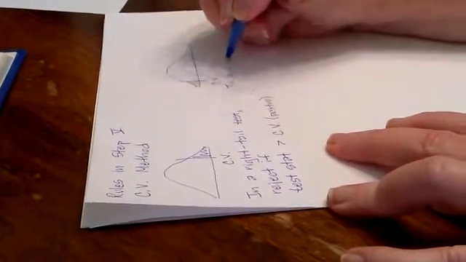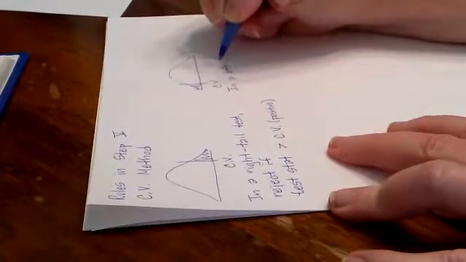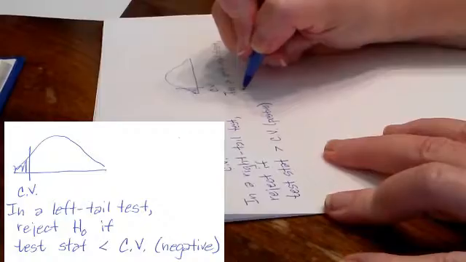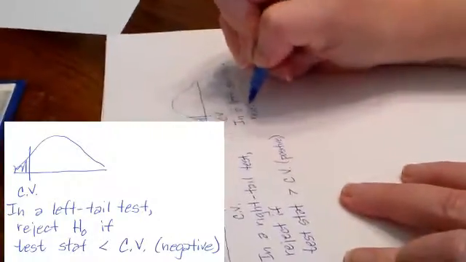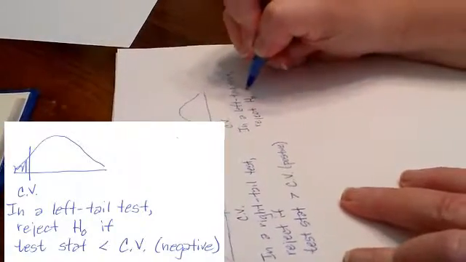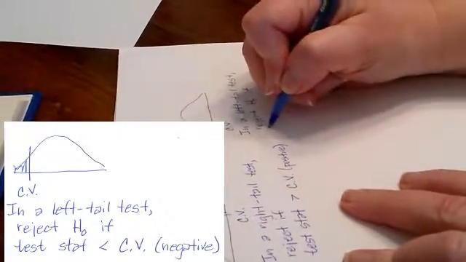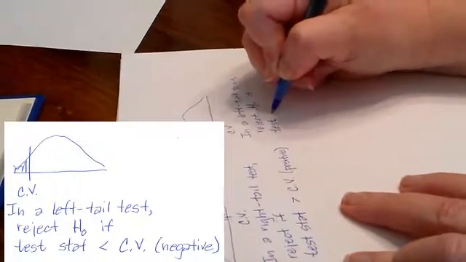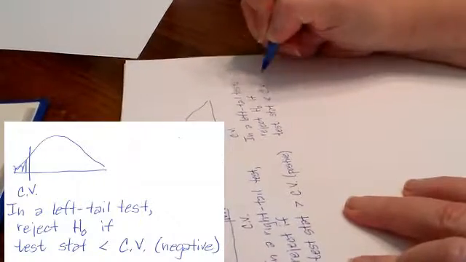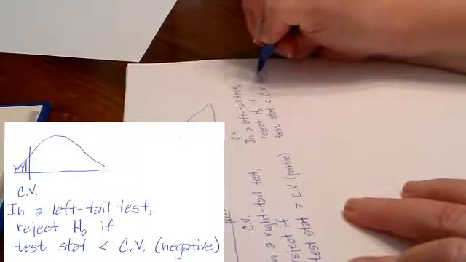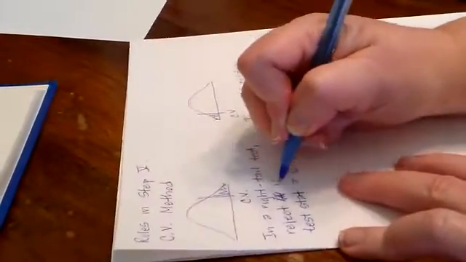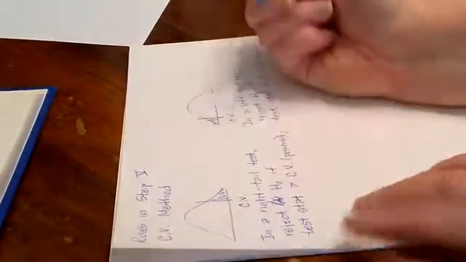So in a left tail test, we're going to reject the null hypothesis, just to be clear, if the test statistic is less than that negative critical value that we have. Right, I'm going to change this too, right? Reject the null hypothesis if.